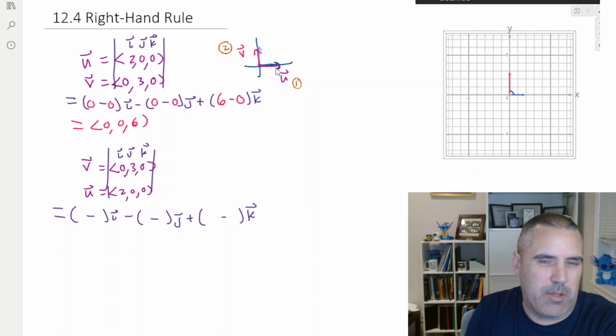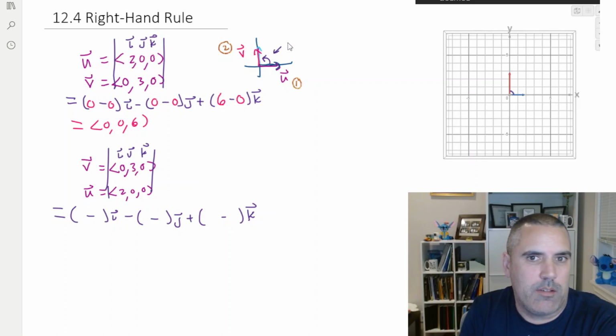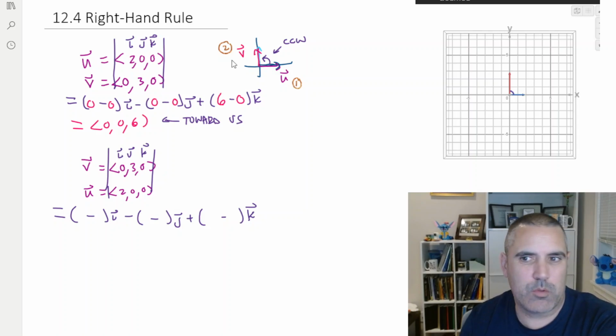Now, the way I think about it is a little different than what I saw in the textbook, but anyways, I think about it as we went from there to there. We went counterclockwise. Whenever it's counterclockwise, the vector comes toward you. This is toward us. So from our perspective, this looks like it's counterclockwise. It's going to come towards us.